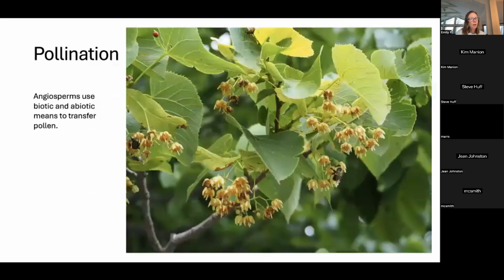So pollination, angiosperms can use abiotic or biotic means of transfer. And we talked earlier that abiotic means that it's not biological, so it's not alive. So biotic means it is alive. Are these flowers using biotic or abiotic means for pollination?